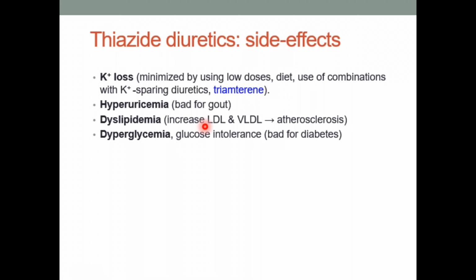This is an increase in the bad cholesterol LDL and VLDL, which can later cause atherosclerosis. And also it can cause hyperglycemia, which is glucose intolerance, and this can worsen the condition of diabetes.